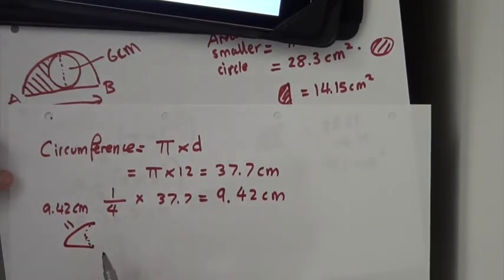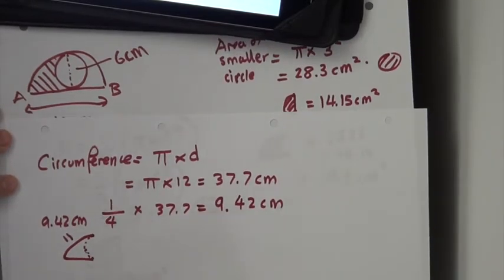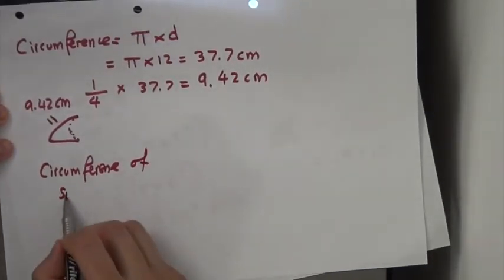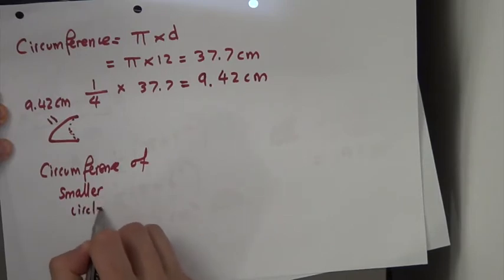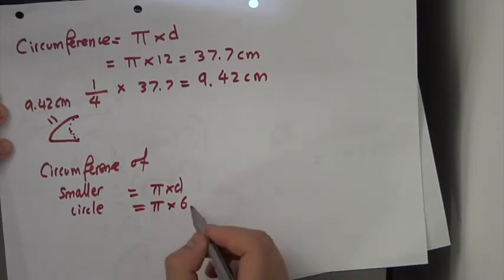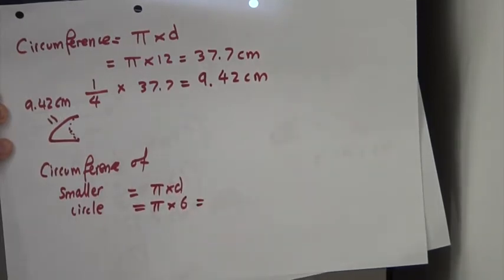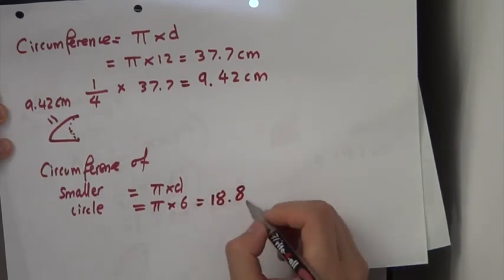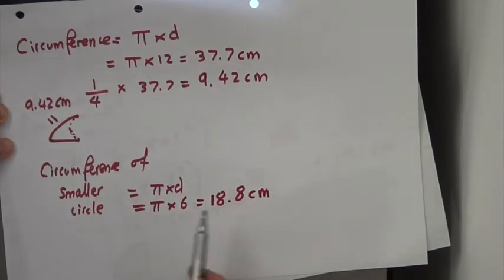So in order to work out that, I'm going to half the circumference of the smaller circle. Now the diameter of the smaller circle is 6 centimeters, so the circumference of the smaller circle is pi times d, and d is 6 centimeters, which is 18.8 centimeters, but I only want half of it.